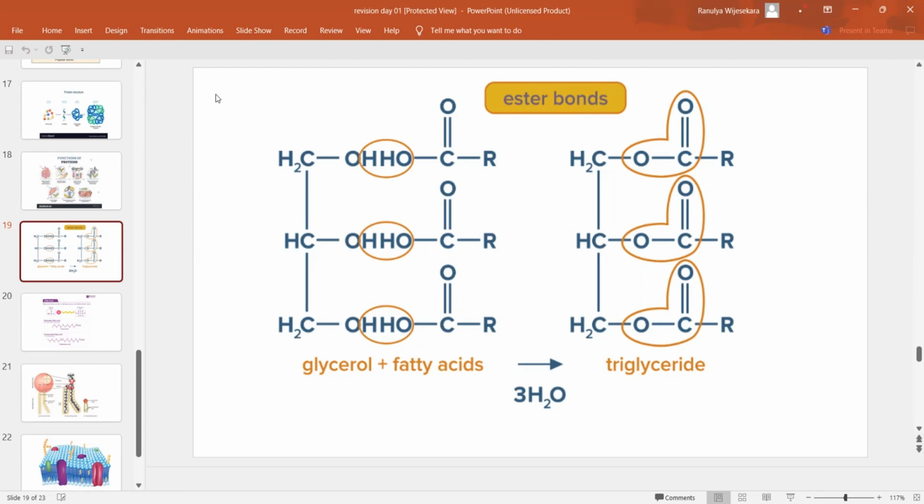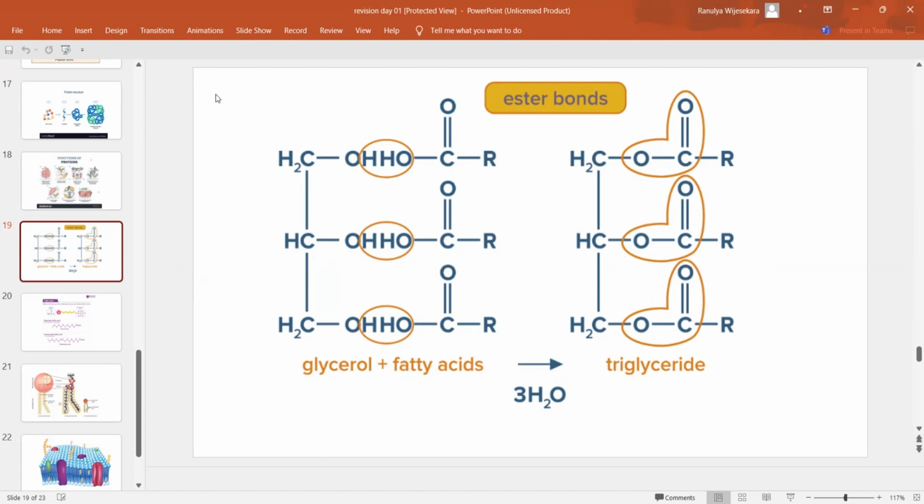They are afraid of water. Major elemental composition is carbon, hydrogen, oxygen. But there are some lipids that contain nitrogen.